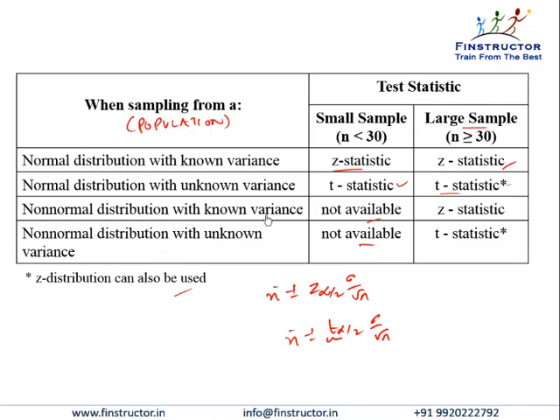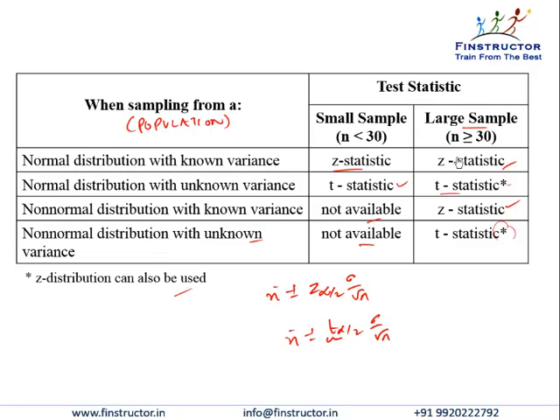If it is a non-normal distribution with known variance and a large sample, then samples will approximately be a normal distribution. That is what the central limit theorem says, even if the distribution is not normal. And if it is a non-normal distribution with unknown variance, that is population standard deviation is not known, then again it is advised you use the t-statistic. However, even z-statistic is allowed or can be used.